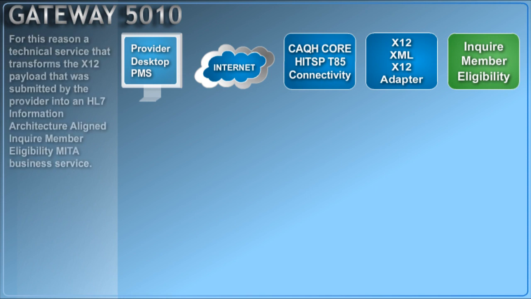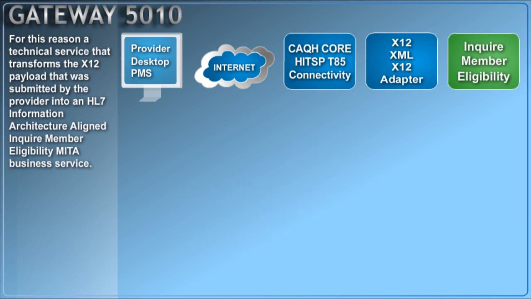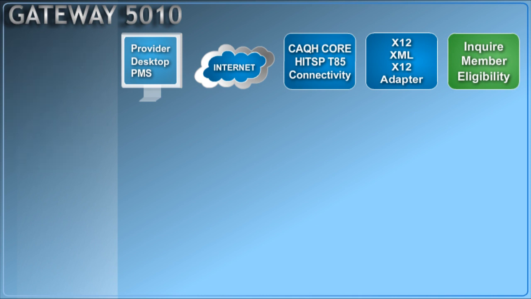For this reason, there needs to be a technical service that transforms the X12 payload that was submitted by the provider into an HL7 information architecture aligned Inquire Member Eligibility MITA business service trigger, and the trigger needs to be formatted in that specified XML document format.